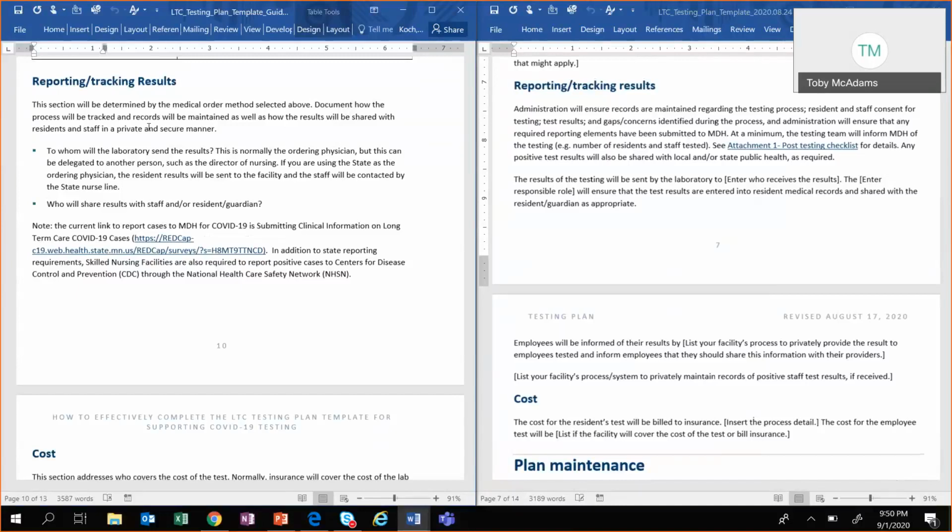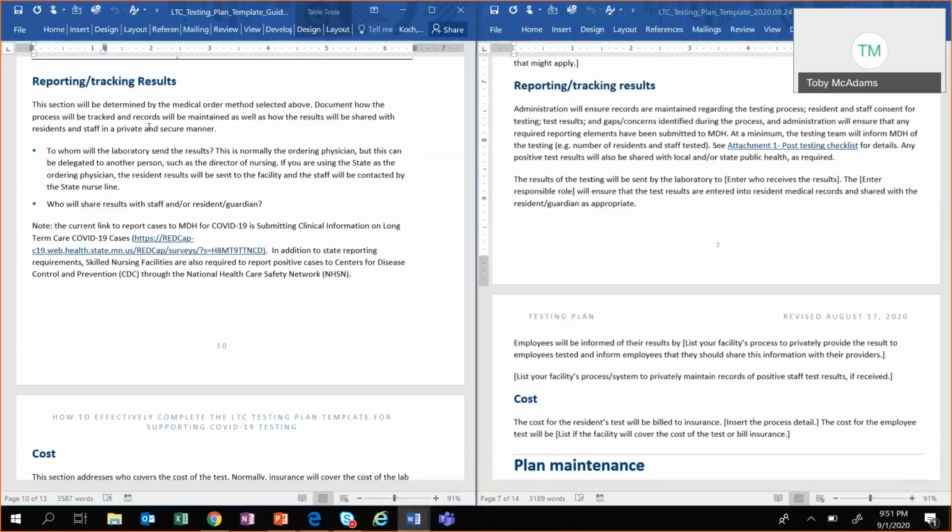Normally, the providing physician who signed the medical orders receives the results, but sometimes they've delegated that to the director of nursing. Is that going to be the case for your facility?